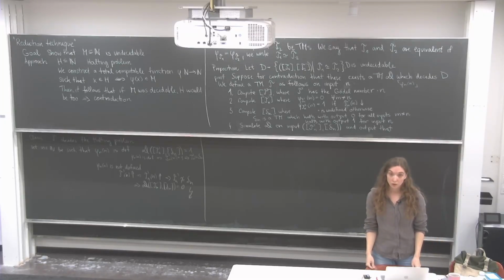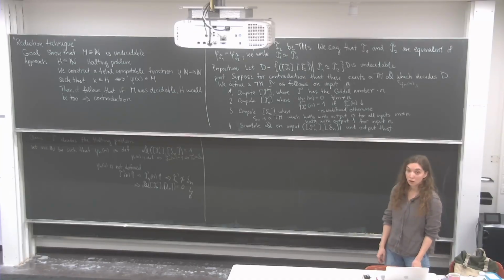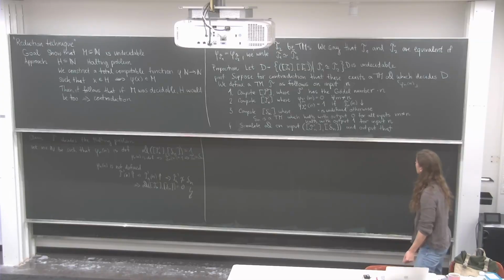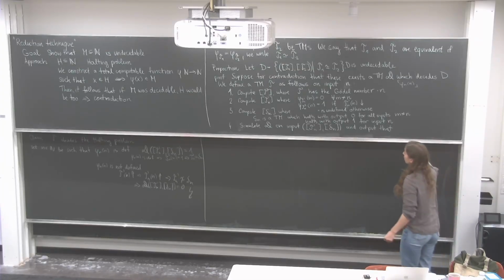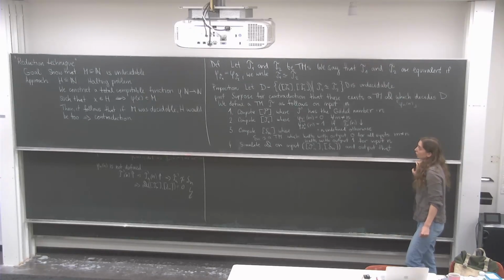I don't understand the point of the first point of that. Point number 1, where we compute T prime with the number n, and then we compute another T prime n. So what is our goal?